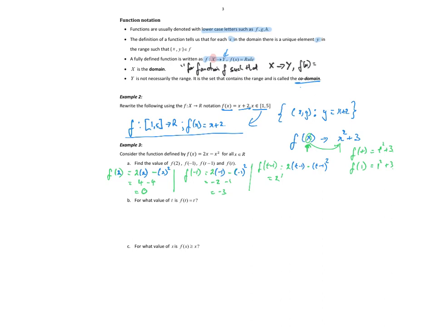So I get 2t minus 2 minus, in brackets, what's t minus 1 squared? It's t squared minus 2t plus 1. It's not just t squared minus 1 or t squared plus 1. So let's expand all that as well. 2t minus 2, the negative sign multiplies through everywhere.